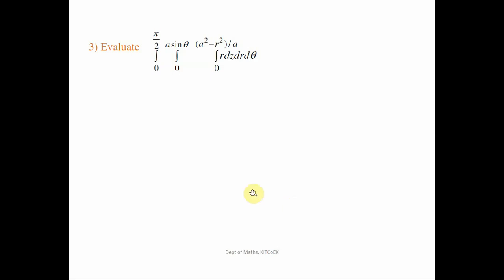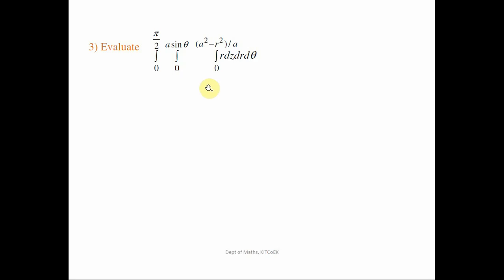Here we are asked to evaluate the triple integral, integration 0 to pi by 2, 0 to a sin theta, 0 to a square minus r square by a, r dz dr d theta. So from this differential dz dr d theta, it is clear that z, r and theta are our three variables.